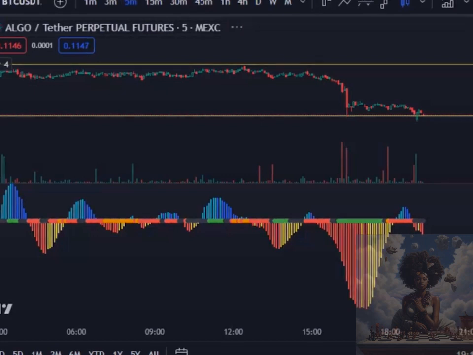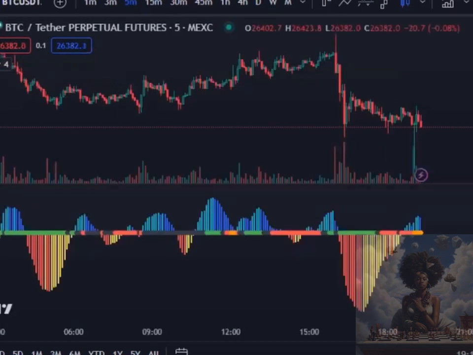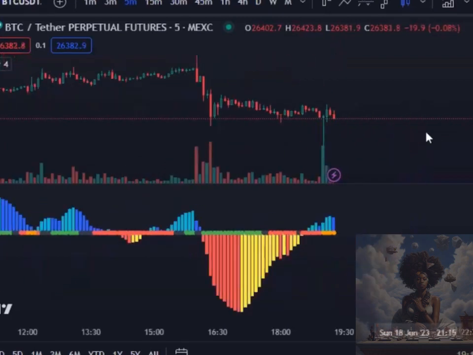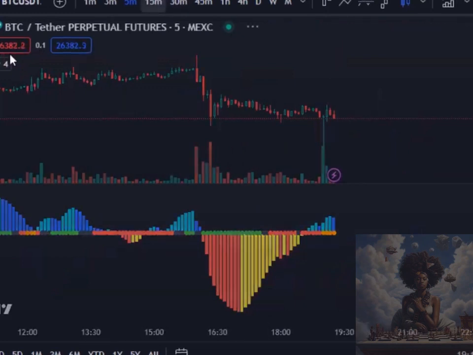BTC example is Bitcoin. We're going to chart this on the 15.